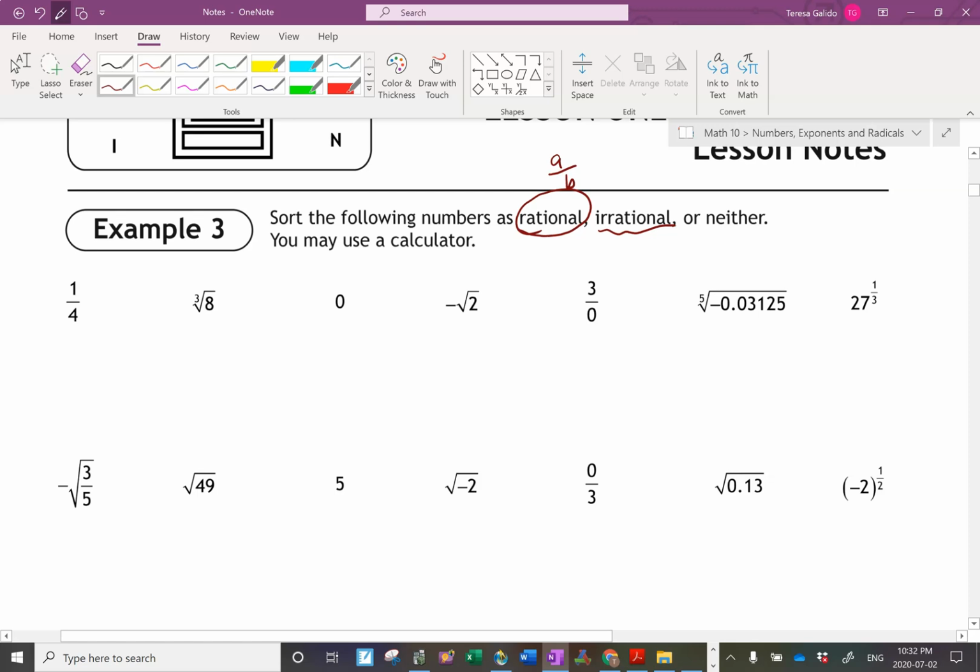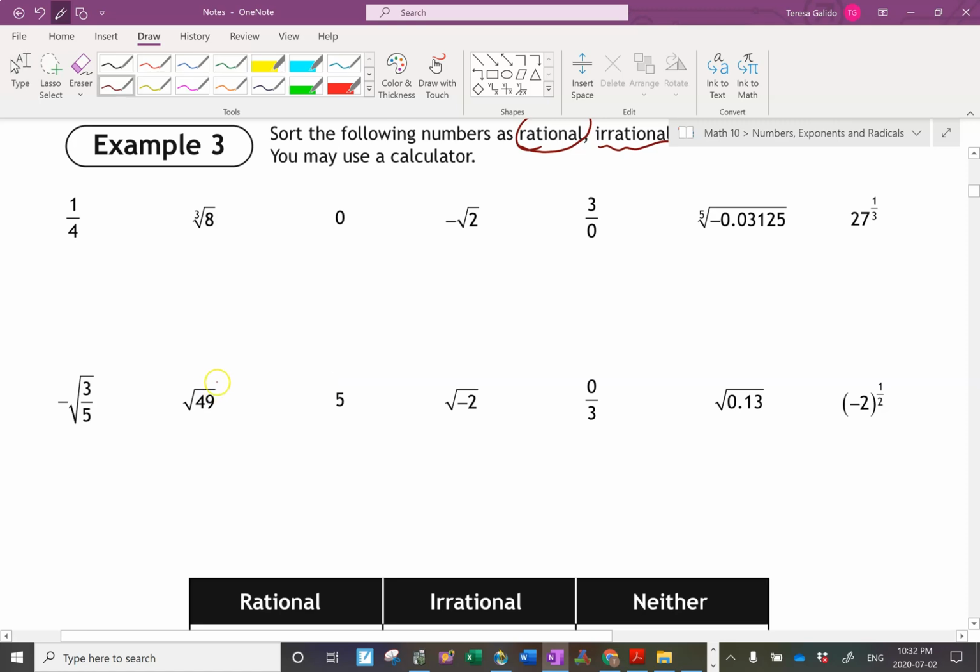Or, excuse me, neither. So for example, if we use our calculator, we take the square root of 49. The answer to this one is actually equal to 7. And 7 can be written as 7 over 1, so it's a rational number.